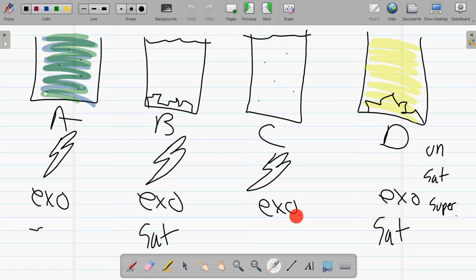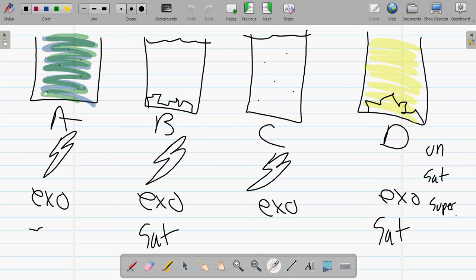Okay. Now, we can tell from this data that B and D are saturated. We know they're saturated because there's crystals in them. So that means they were supersaturated. And then as they cooled, the crystals crystallized.